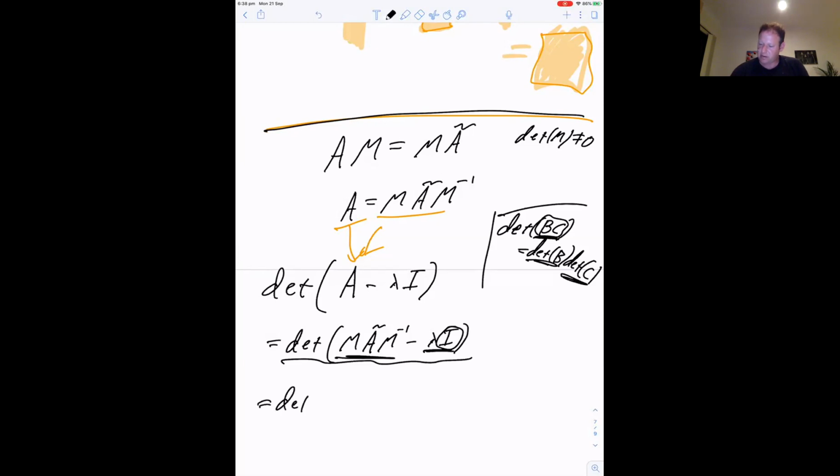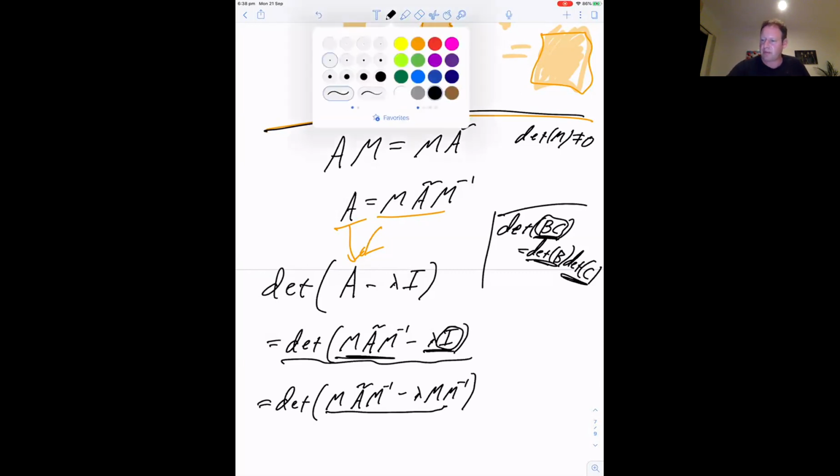So let's write the determinant of M A tilde M inverse minus lambda M times M inverse. Now I can do some basic factorization, using the distributive law of matrices backwards.